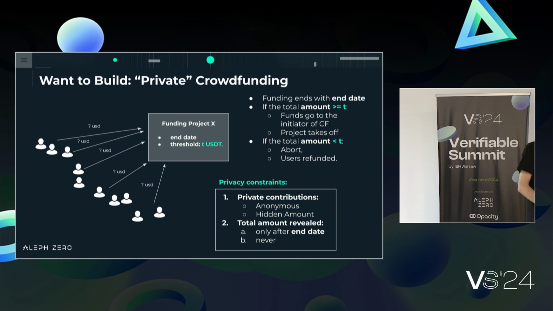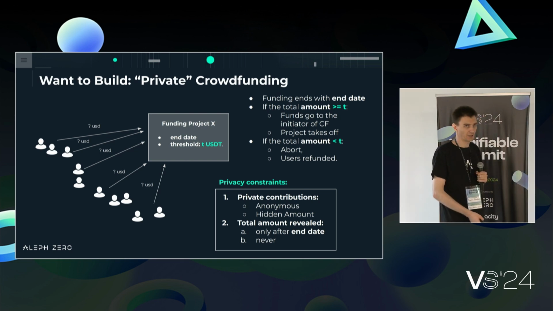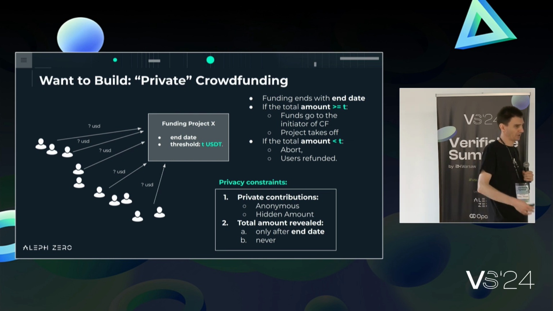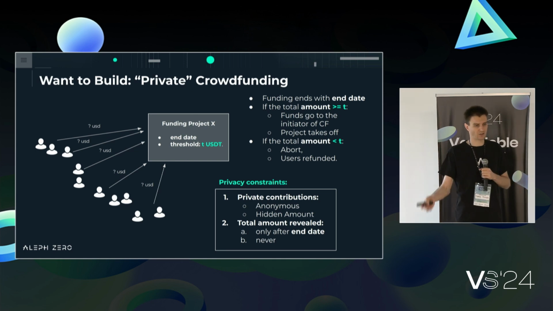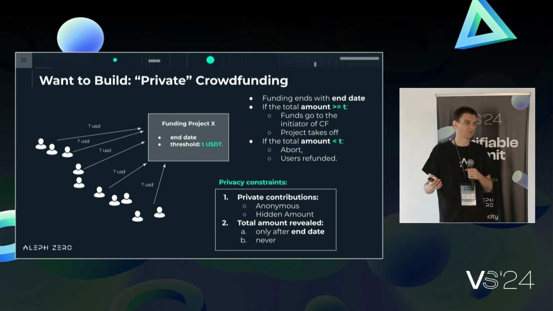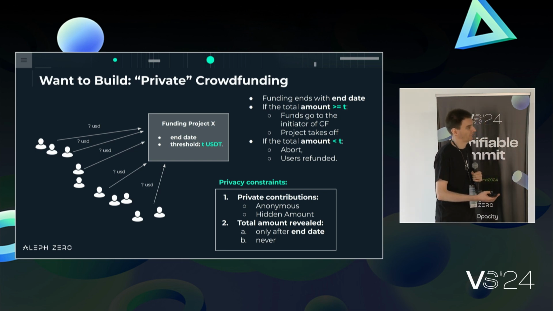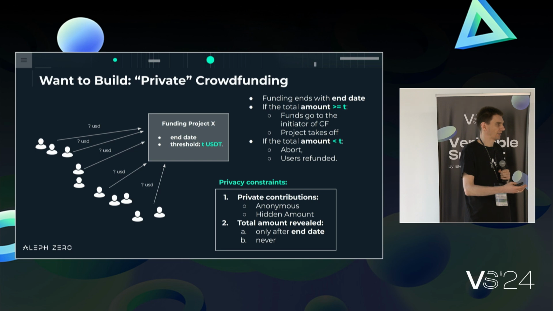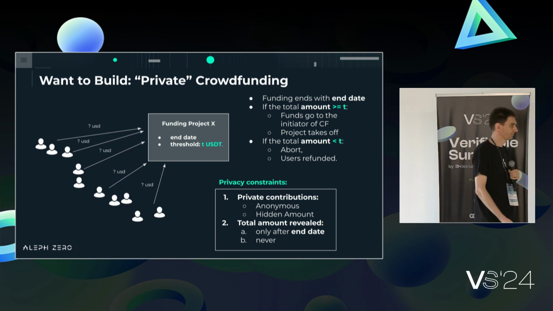In some designs, we'll get one but not the other. That's why I'm separating them. Anonymity here means that we don't see who is performing a particular action. Privacy means that we not only don't see who is performing some action, but we don't even know what the action is. So in this case, going beyond anonymity would mean hiding also the amount, right?